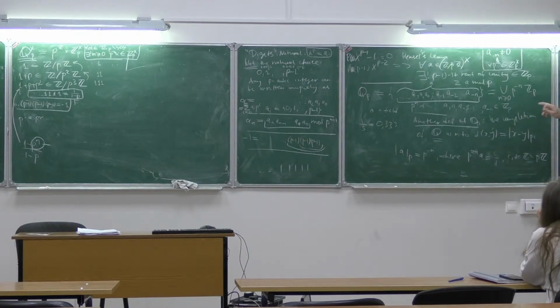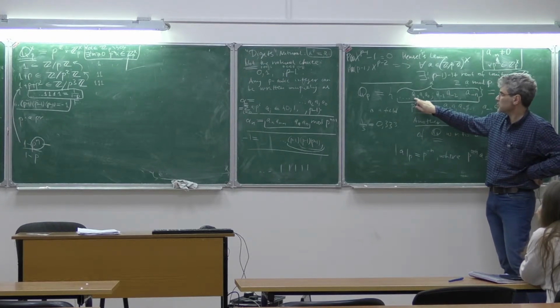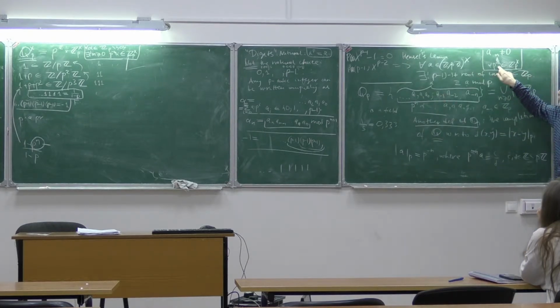Of course, it may be a2, the first non-zero digit. Then we put here p to the minus 2, and we get an invertible integer, because the last digit is invertible, is non-zero.